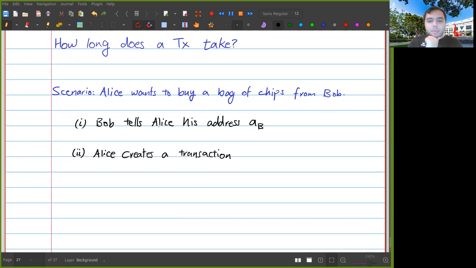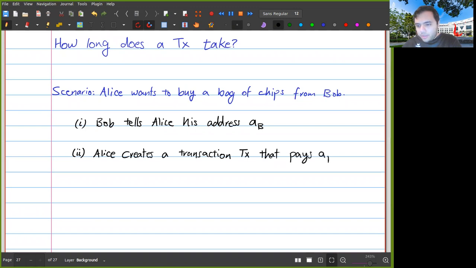So in the first step, Bob tells Alice about his address. He tells her, send the money to this particular address. And then in the second step, Alice creates a transaction, let's call that TX, that pays this particular address that was given to her. So the idea is that, again, as in our previous cases, this is a transaction. It has a bunch of inputs.